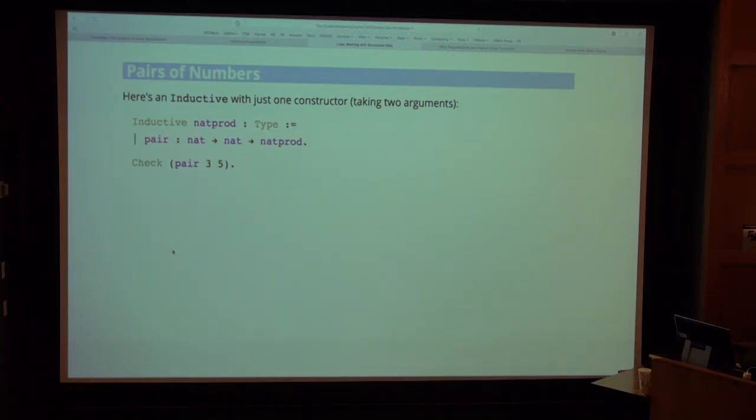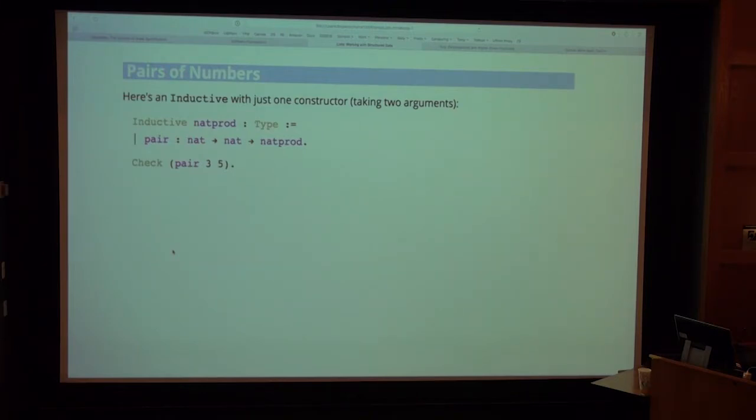So numbers were in some sense already a form of structured data because each number that isn't 0 has a number inside it. So you can think of a number as a list of S's. And indeed, that's a useful way to think of it. But we would like to have lists of other things. We would like to have pairs. We would like to have other data structures, trees, whatever.